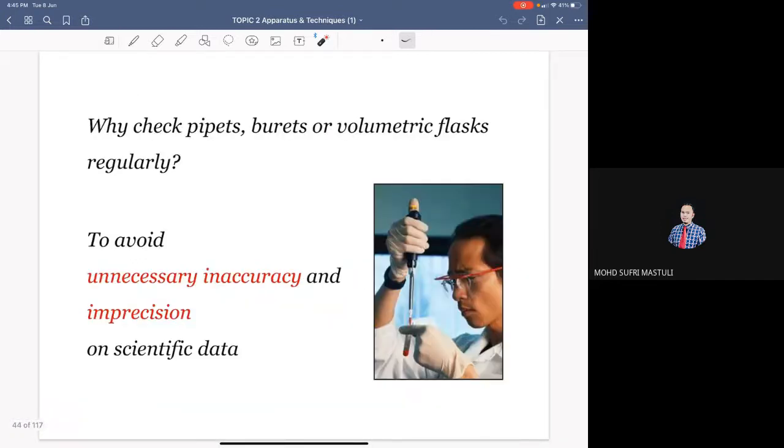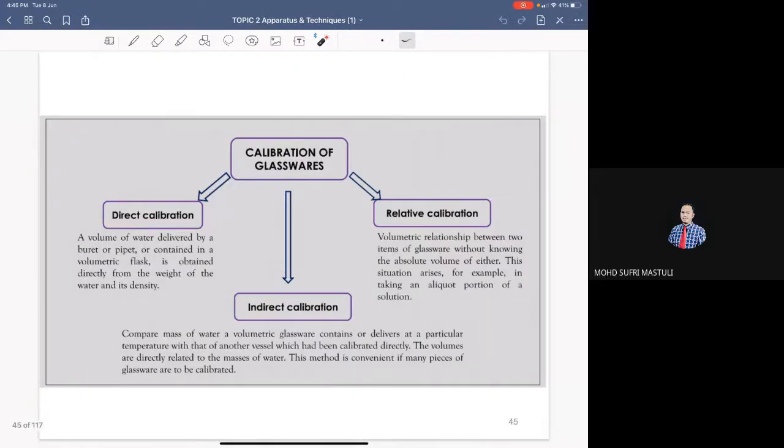Why do we need to check the pipette, burette, and volumetric flask regularly? Because we want to avoid unnecessary inaccuracy and imprecision in scientific data. This is why we always do the checking. If the glassware is not accurate, we have to do the calibration.